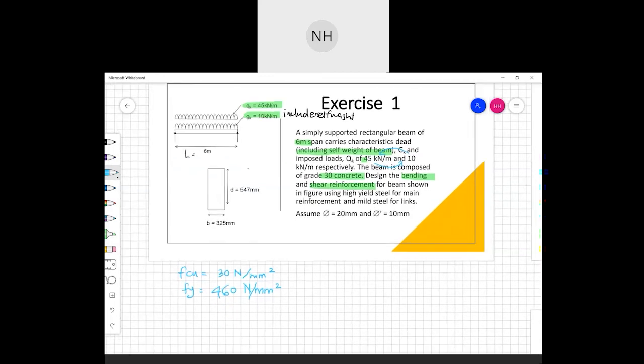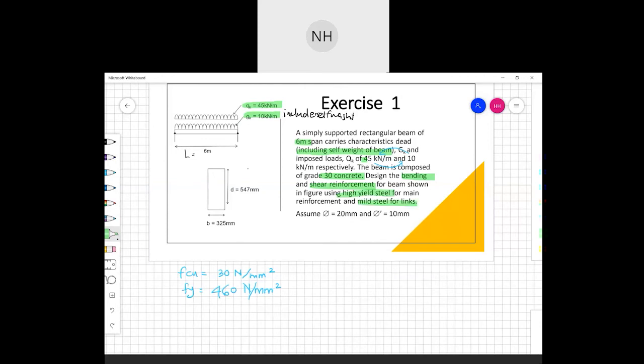Since it says high yield steel ataupun high tensile steel, it means that dia adalah yang strong one lah. So maksudnya Fy dia adalah 460. Dah ada dalam I punya notes, previous notes.